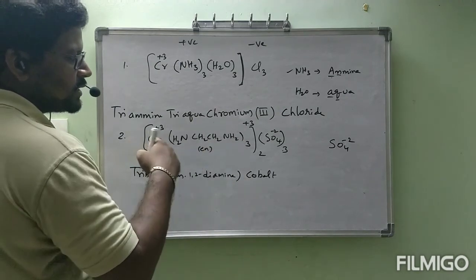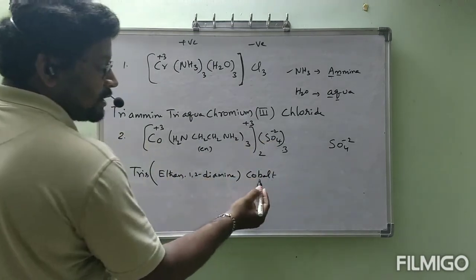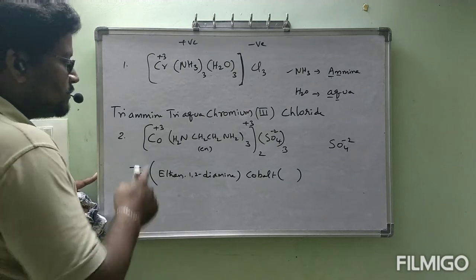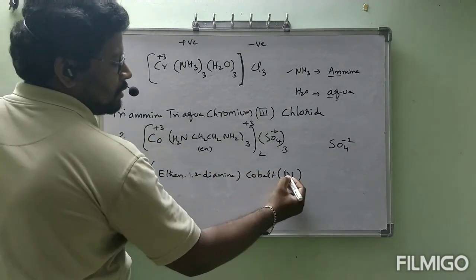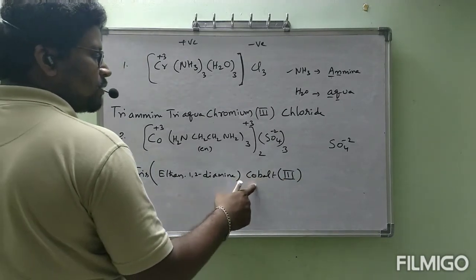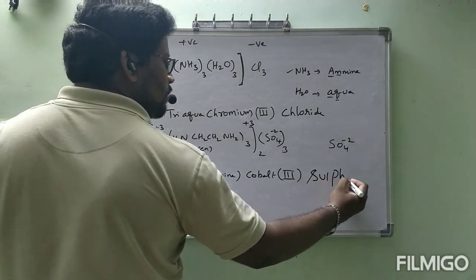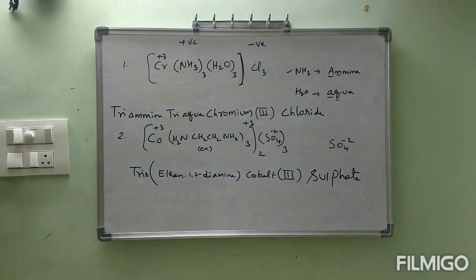So the complex is completed. Next, the outside counter ion SO4 -2, sulfate. But in the cobalt bracket we have to show the oxidation number of cobalt as a Roman numeral, +3, so III. Tris(ethane-1,2-diamine)cobalt(III) sulfate. That is the name of the second one.